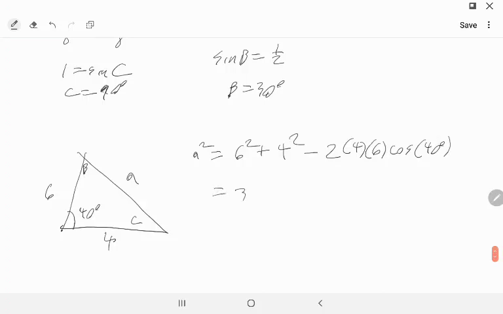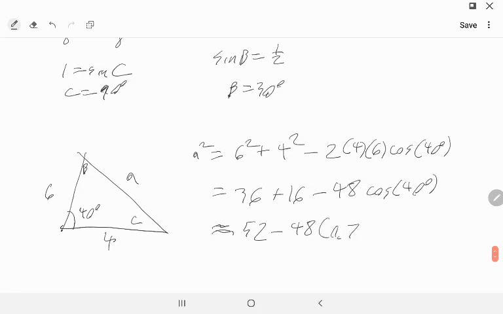And so we're going to get 36 plus 16 minus 48 cosine of 40. And now we get into a lot of calculator work again. The cosine of 40 is approximately equal to 0.77. So we're going to get approximately 52 minus 48 times 0.77.